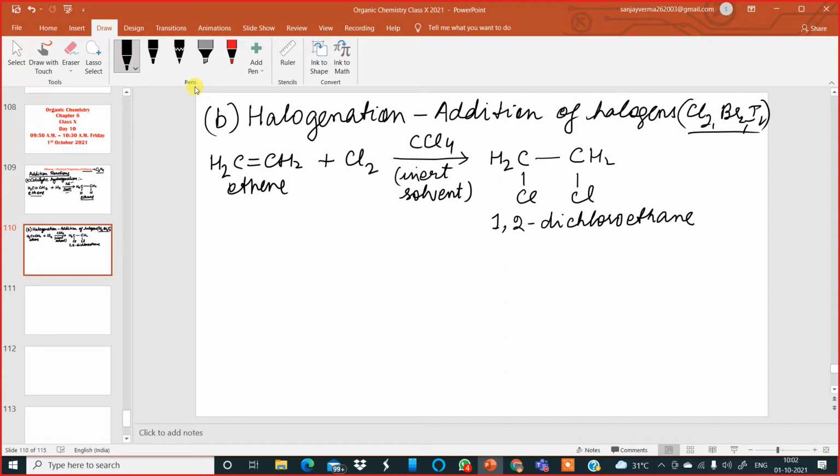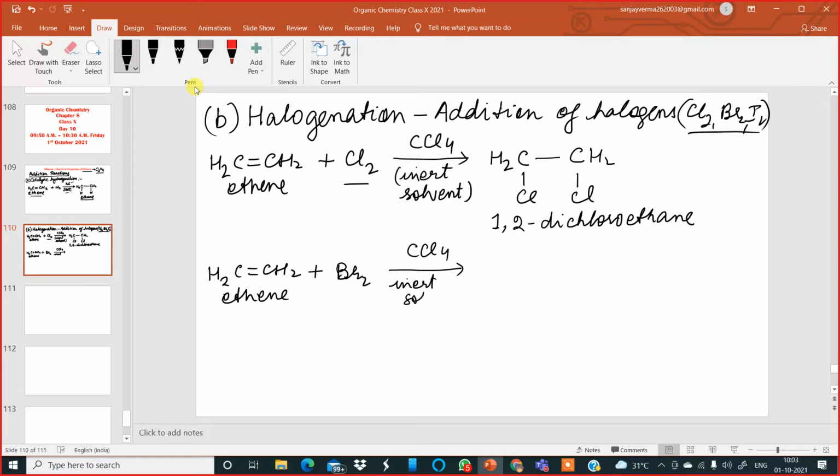Then instead of chlorine, I can use bromine also. I can react even bromine with ethene. So here I'll write the structural formula of ethene plus bromine, Br2, again in the presence of the inert solvent, CCl4.